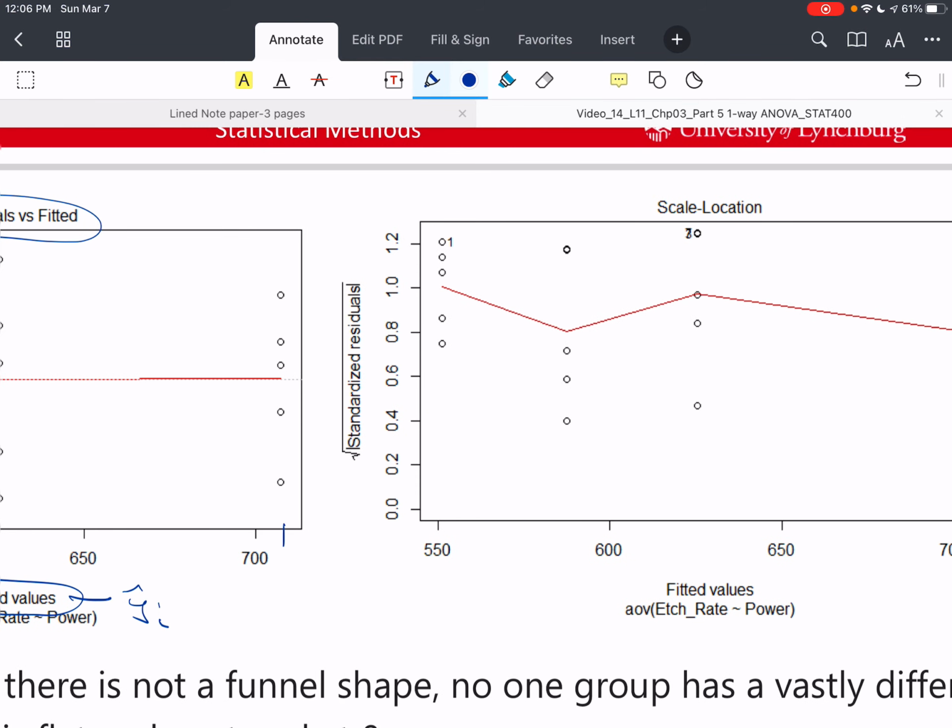So here we have the z-score. We've standardized this. z is equal to x minus mu over sigma, or z is equal to x minus x bar over s. And remember that the overall mean of the residuals is 0. It has to be.